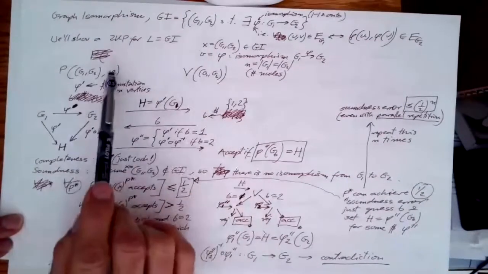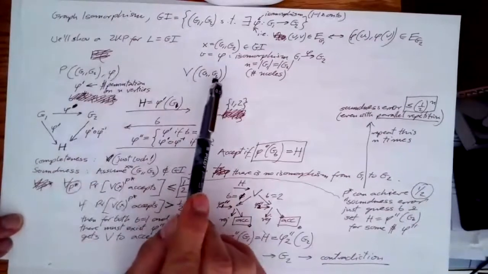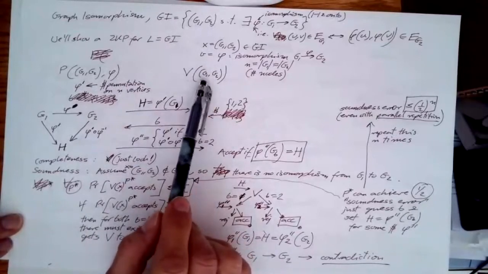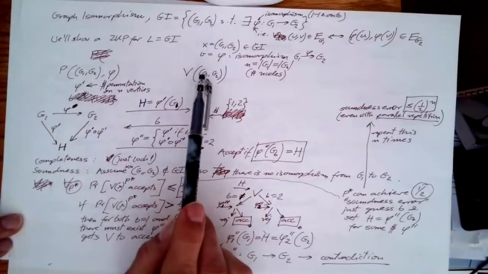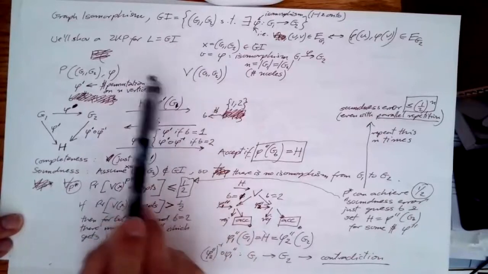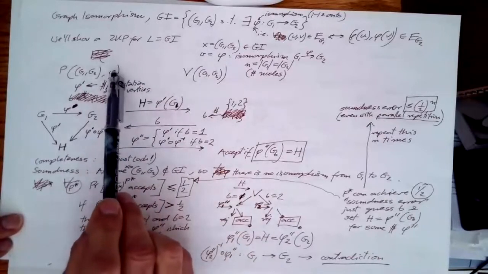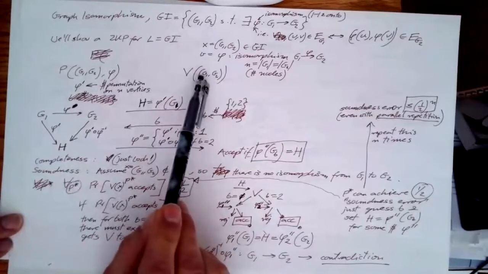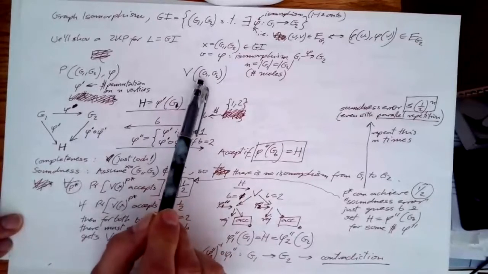You can think of the witness as the pre-image of a one-way function that takes a permutation and outputs a permuted graph of a fixed graph.